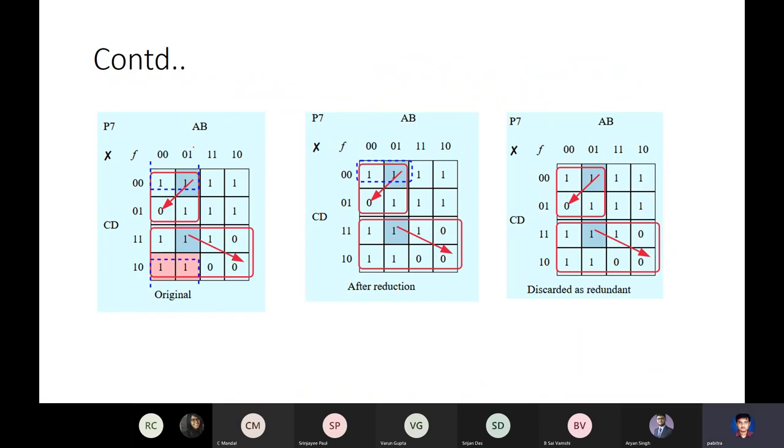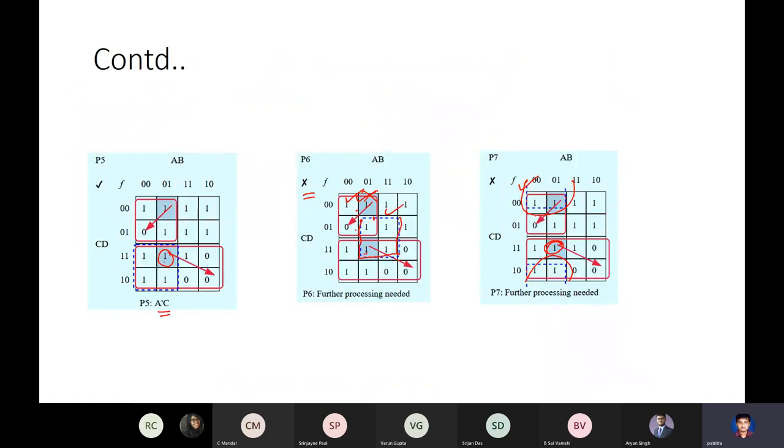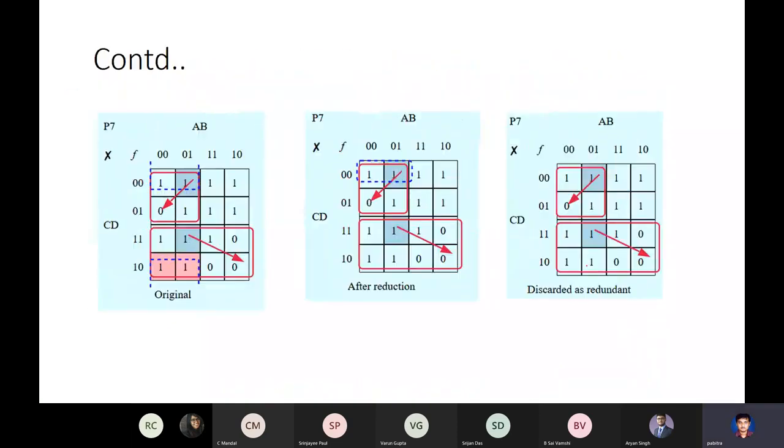Similarly, look at P7. P7 was this prime implicant, this and this. This has an intersection but doesn't contain the starting point, so I have to discard this.